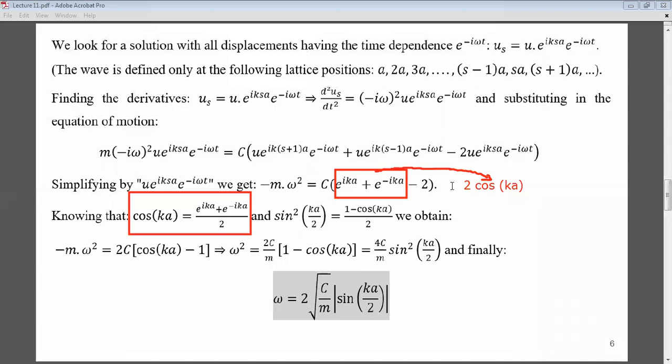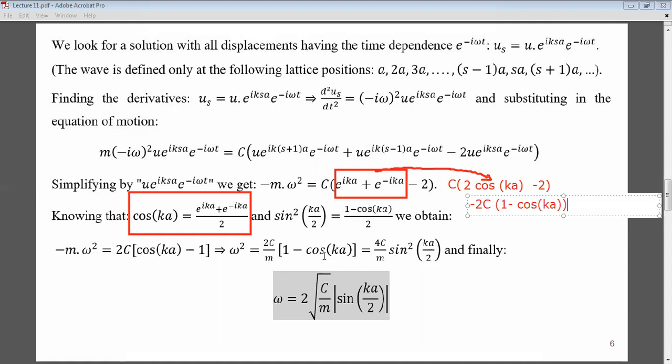So here, what do I have? I have C, right, into, let me write it properly, I have C into 2 cosine ka minus 2. So there is here minus 2. Now I'm going to use the other formula. Let's take minus 2 outside. If I take minus 2 outside, it will be minus 2C into 1 minus cosine ka.